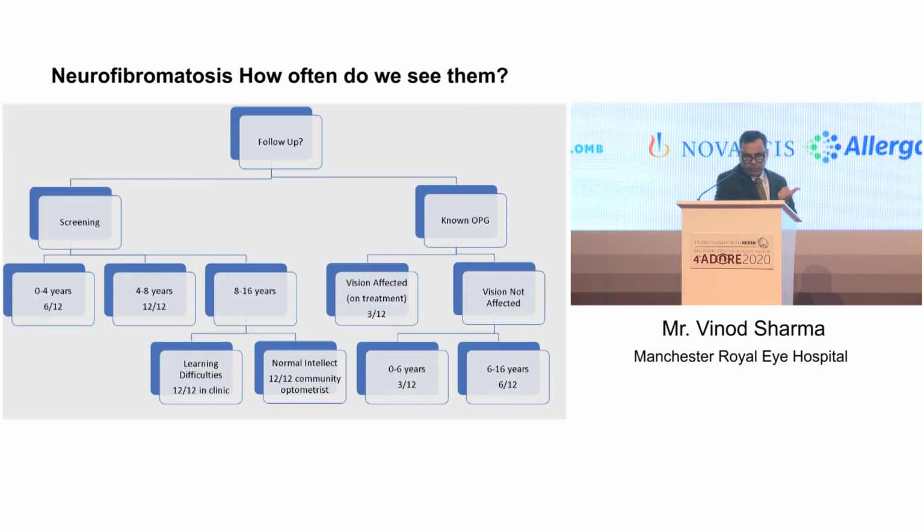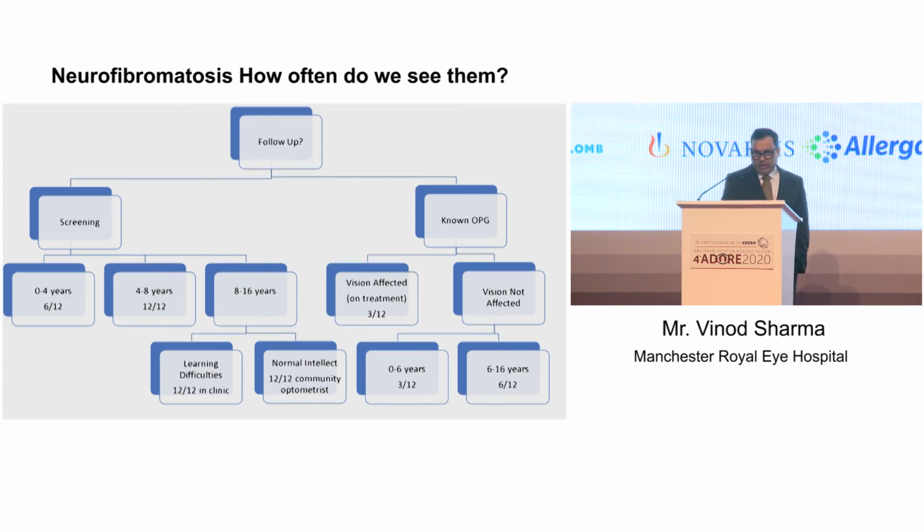The reason being, as I said, the visual loss with a potential OPG is worse under 6. And this age group is notorious; you can't reliably check their vision. From one visit to the other, their vision may vary, so you have to see them again and again. And with the young ones, you can't get them onto OCT. So that's why I like to see them every 6 months.